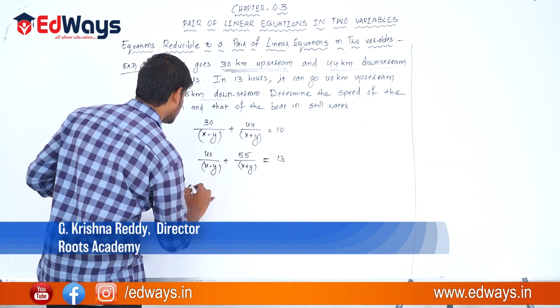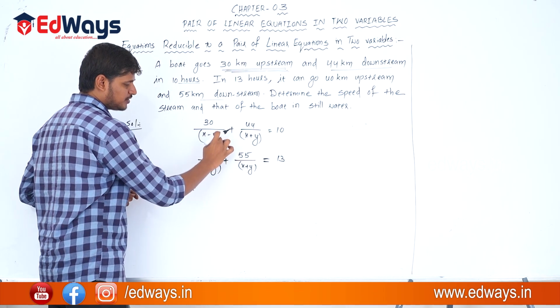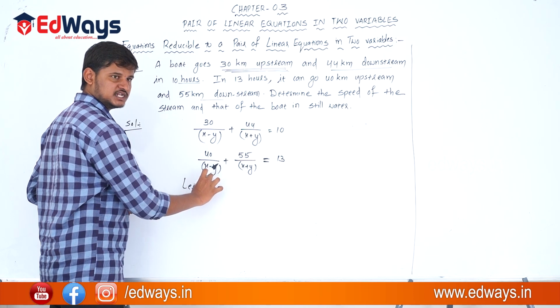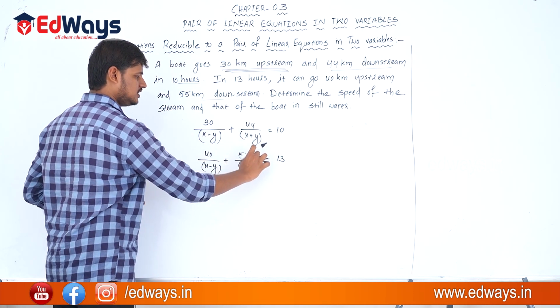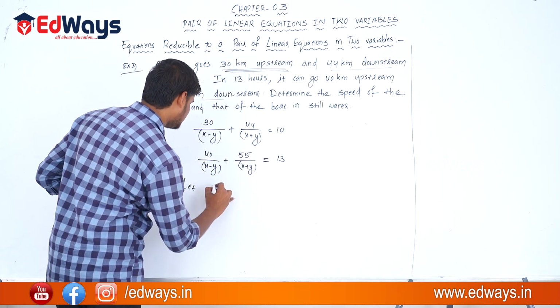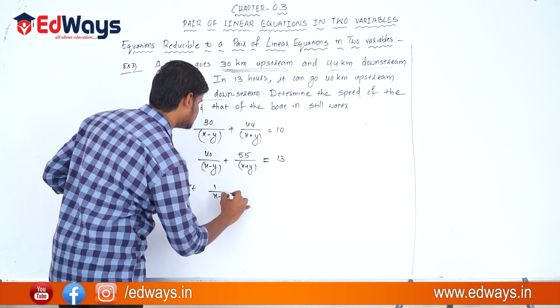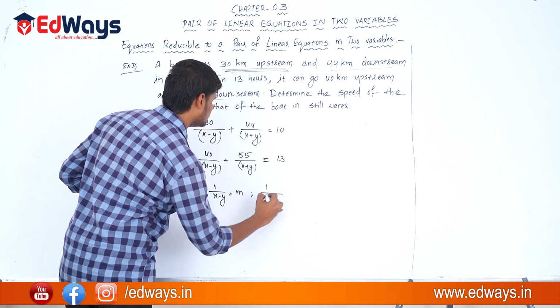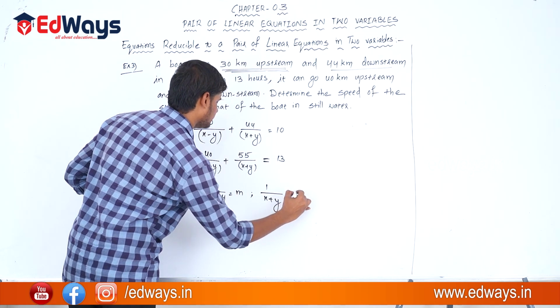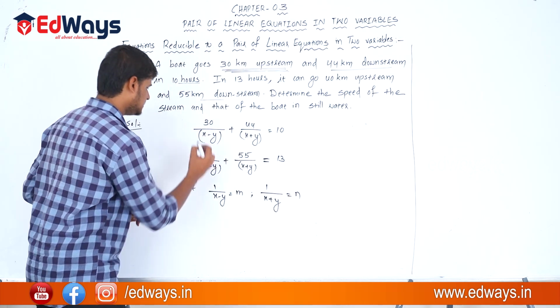So what's the common term? Here 1 by x minus y, and here 1 by x plus y. So let 1 by x minus y equal m and 1 by x plus y equal n. Then substitute.